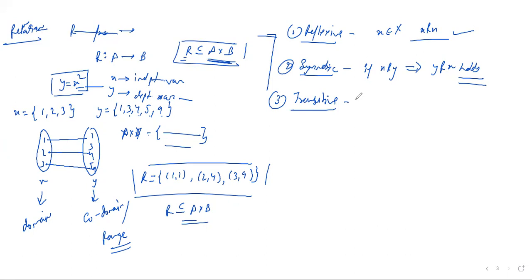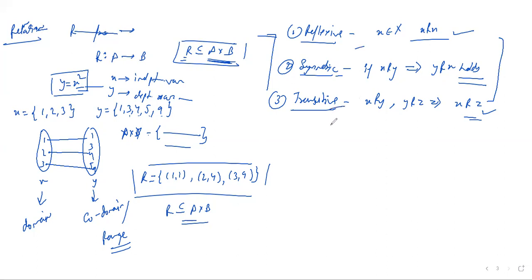In transitive, I say that if x is related to y and y is related to z, then x is related to z. Then this relationship is called the transitive type. So we have seen all these types of relationship: reflexive, symmetric, transitive.